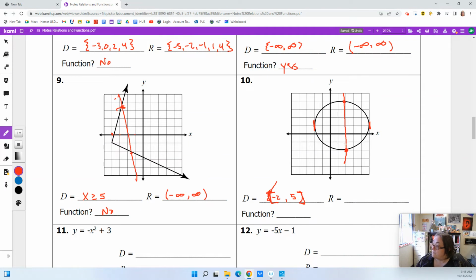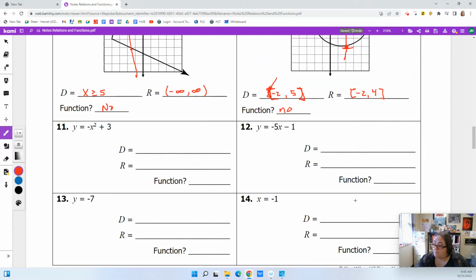Our range, same thing, goes from -2 up to 1, 2, 3, 4, up to +4. Also, we get brackets. Why brackets? Because it can equal -2 and it can equal 5. But no, it is not a function.